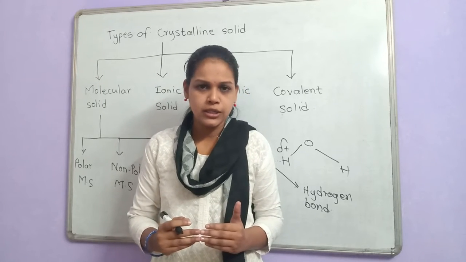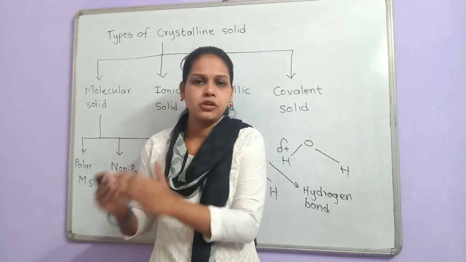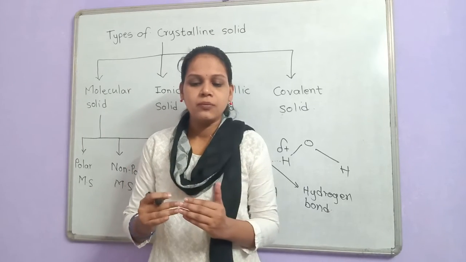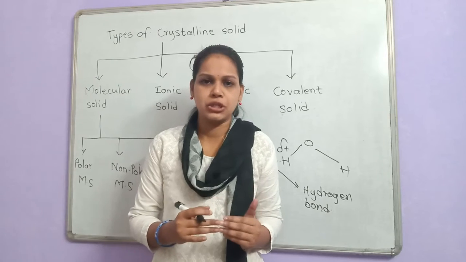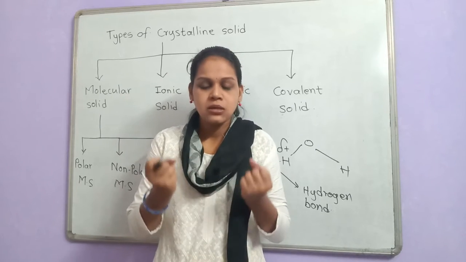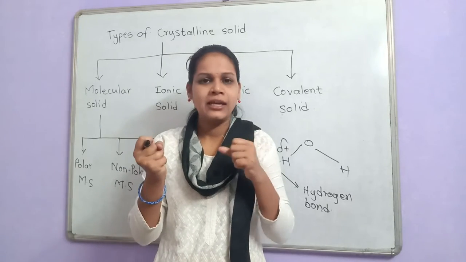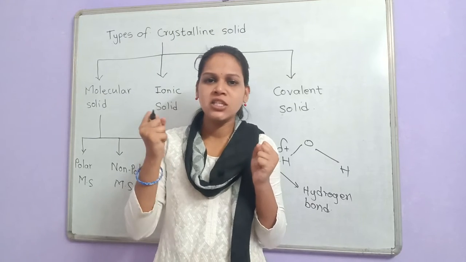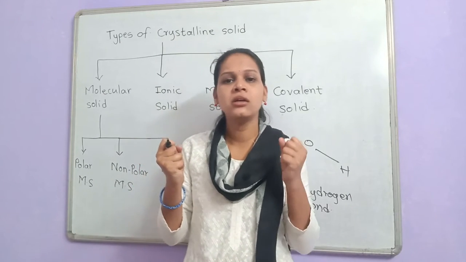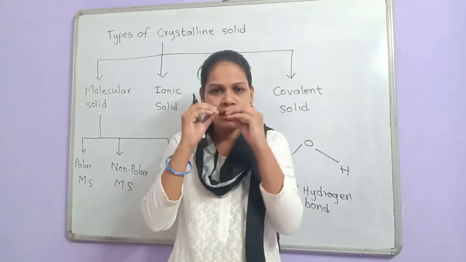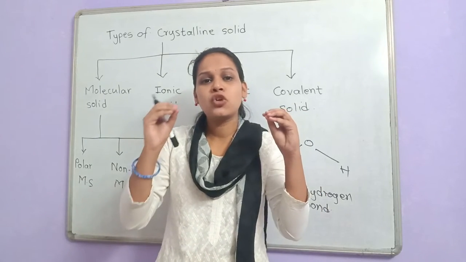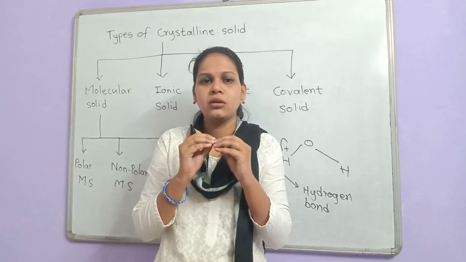If we see the characteristics of ionic solids, then ionic solids are generally hard in nature, as the bonding between cation and anion is strong. Cation has a positive charge, anion has a negative charge. The force of attraction between oppositely charged ions is called the electrostatic force of attraction.